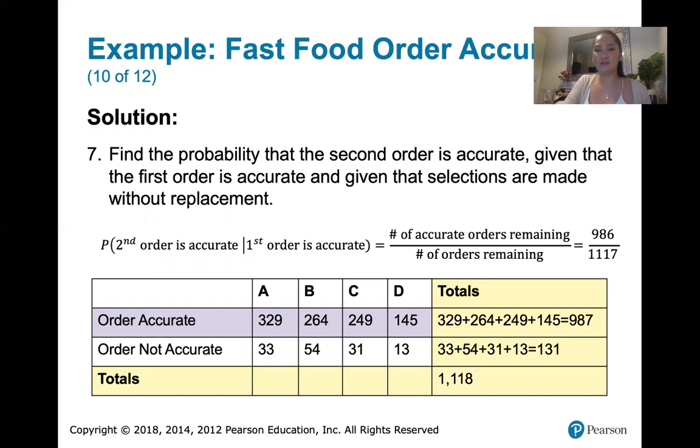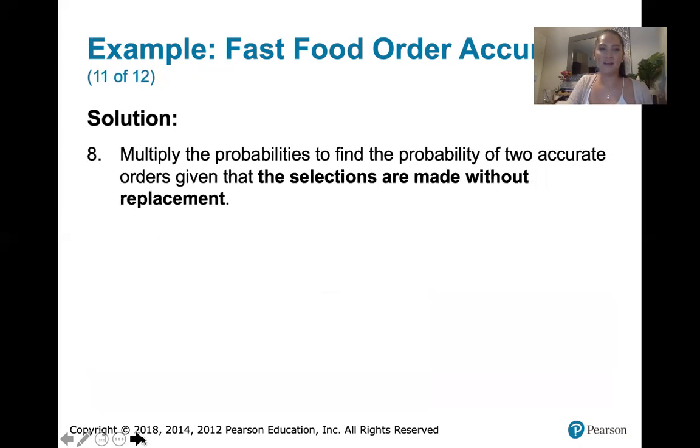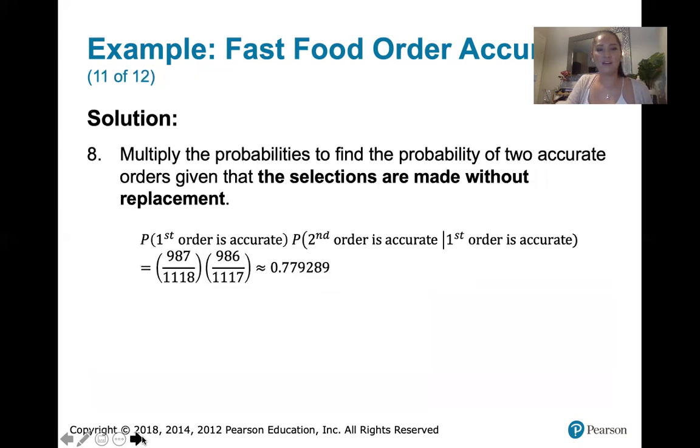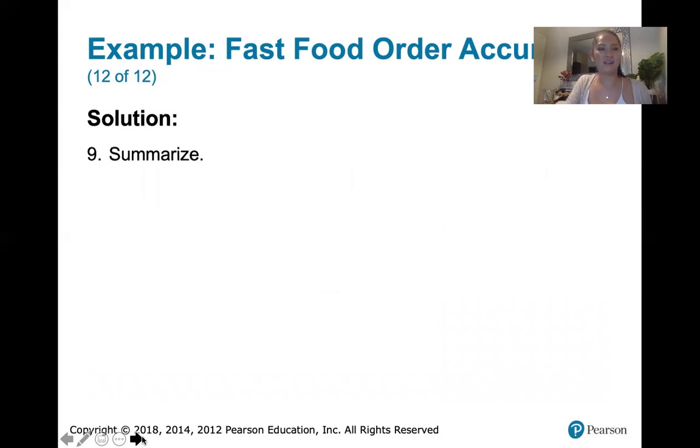That's what it means to select without replacement. So it's a little different. It's very similar, close to what we would get using selection with replacement, but just a little different. Then you multiply those together and you get 0.779289 approximately.